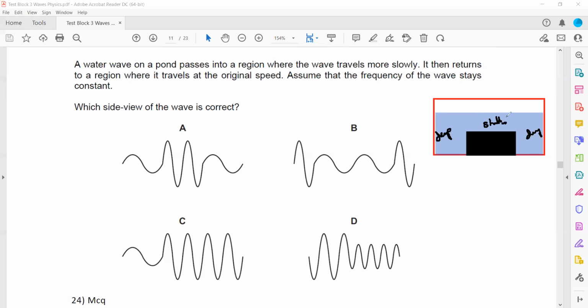So in the center, we have a shallow region. Looking at the wave sideways, in a deep region the wave travels faster, but in a shallow region the wavelength decreases, so it slows down, and then it enters a deep region, so it travels faster.